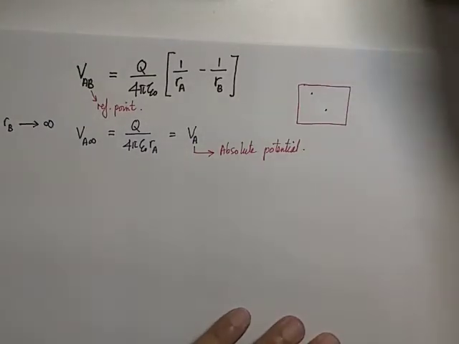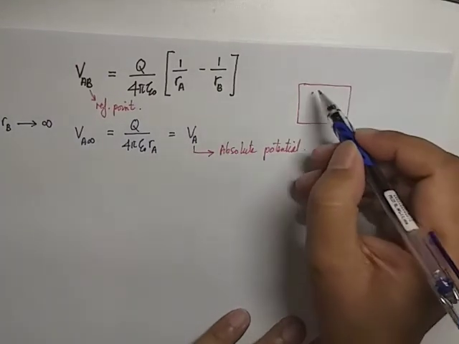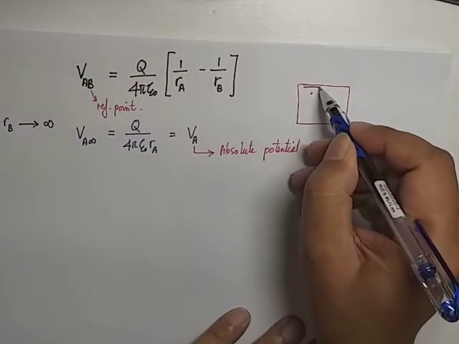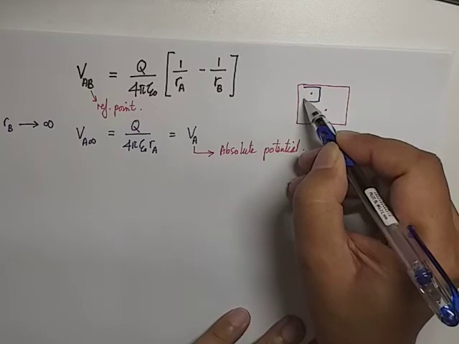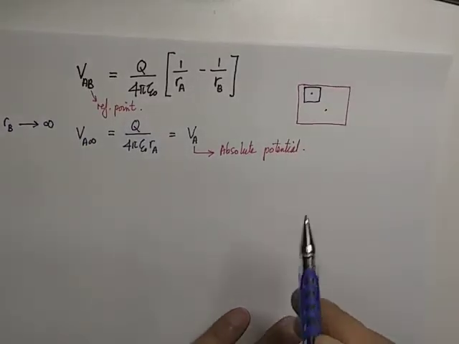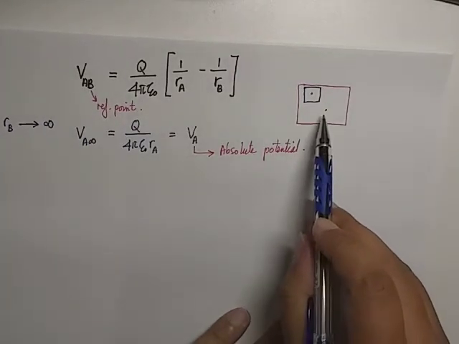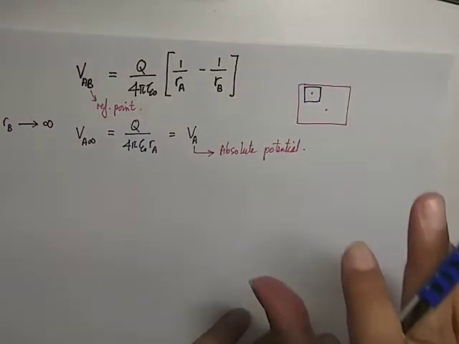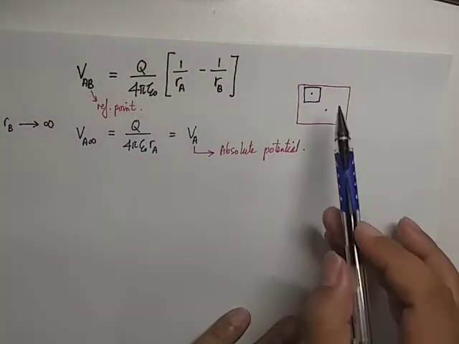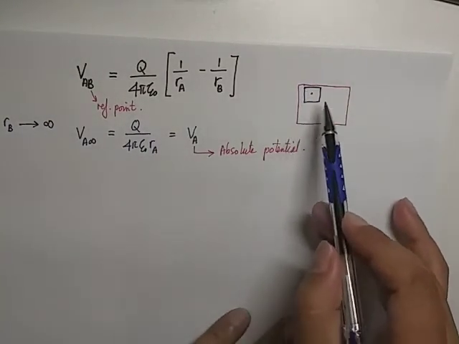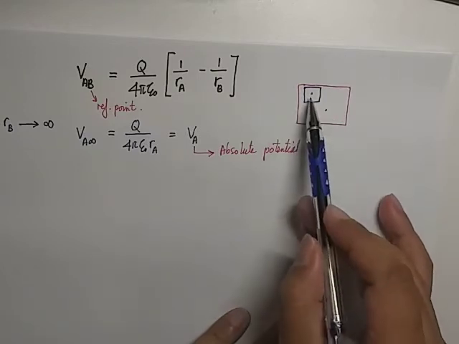Somehow, let's say you want to analyze this part only. You don't want to bother about this other part because maybe you are zoomed into that particular part of the circuit. Now we can see in this working region, there's only one point.